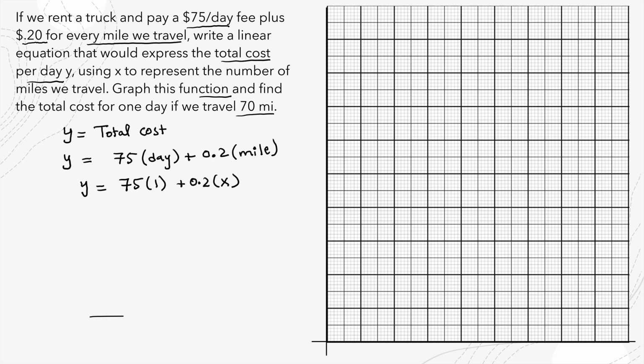Okay, now I have this expression here. Next, let me rearrange that so it looks familiar to some of the concepts we have already covered in our algebra class. So this equation is y equals 0.2x plus 75.